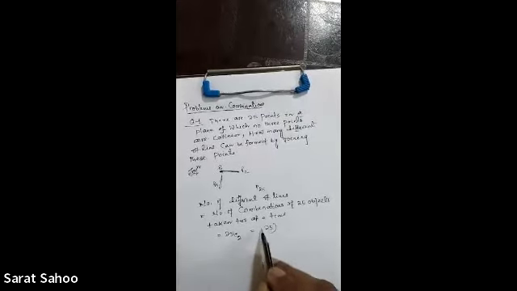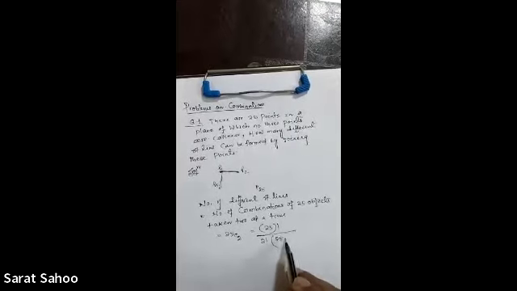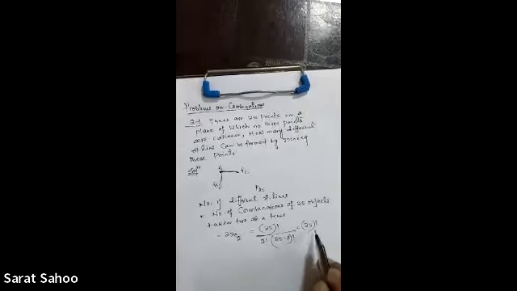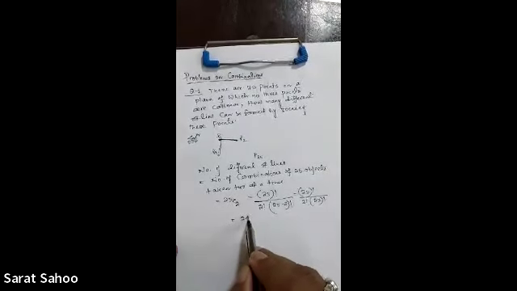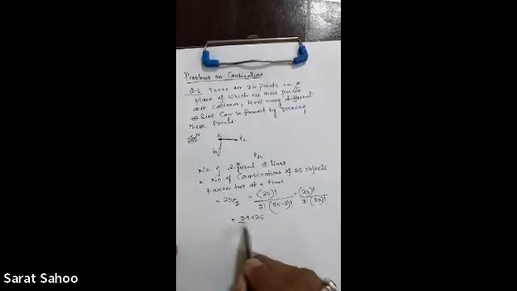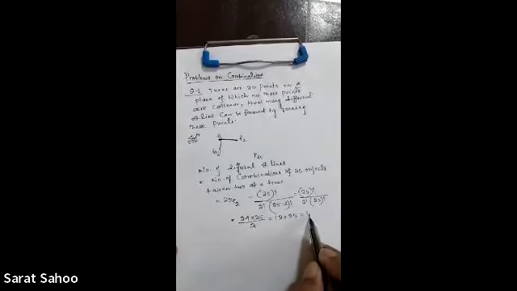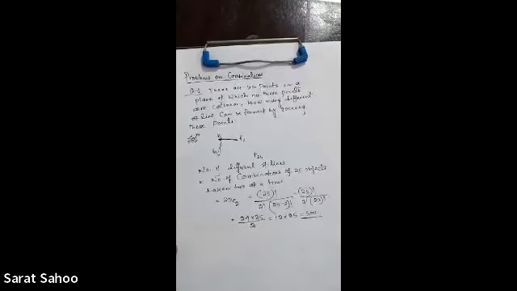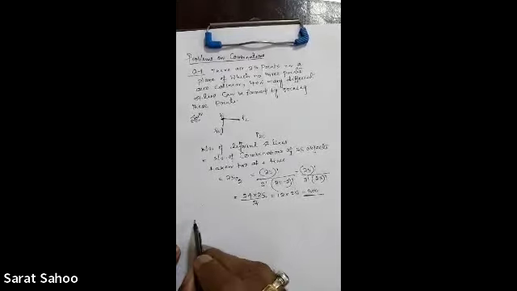This is equal to 25 factorial upon 2 factorial into 25 minus 2 factorial, which is equal to 25 factorial upon 2 factorial into 23 factorial. This is equal to 24 into 25 upon 2, 12 into 25, which is equal to 300. Yes, Gayatri, you are correct. Then come to question number 2.